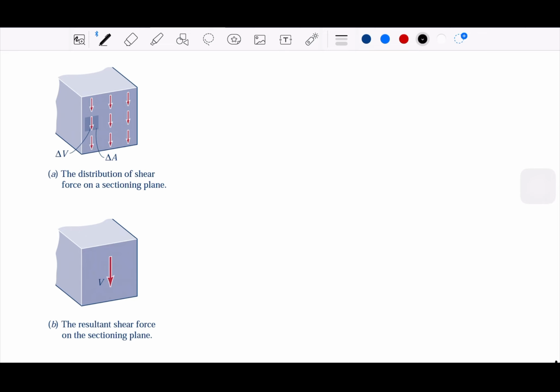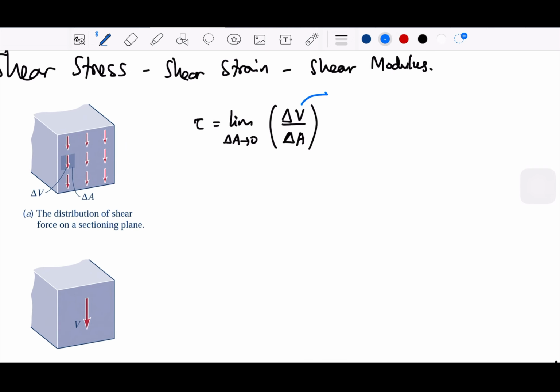Resultant shear force. And actually, the definition of the shear stress, we write shear as tau, using the limit as delta A goes to 0. The V here is the force, the shear force.